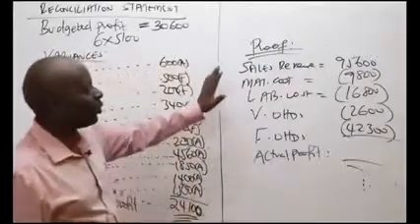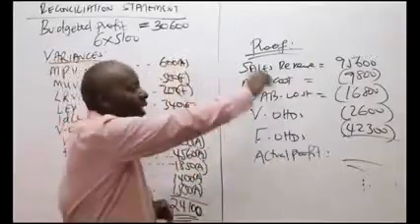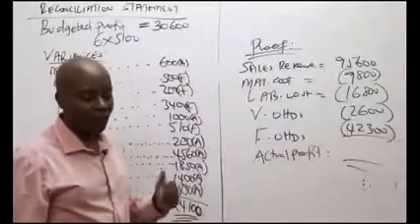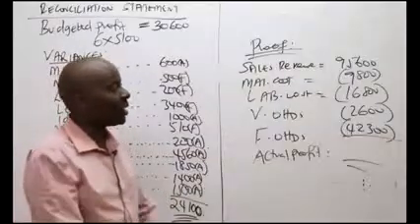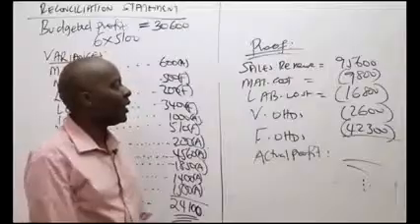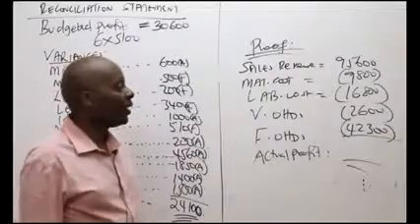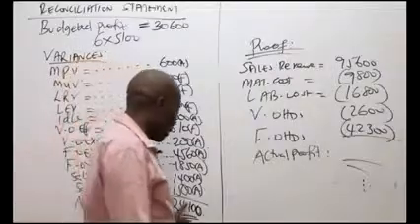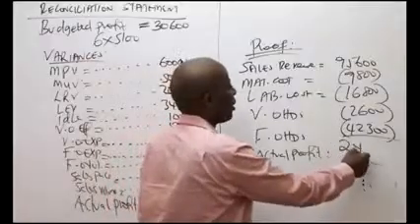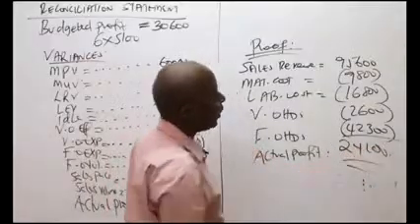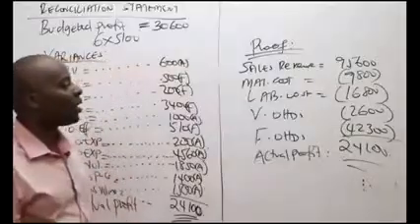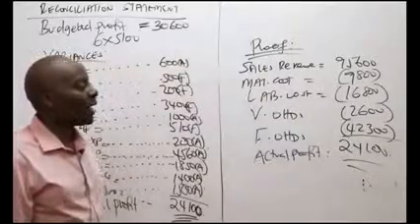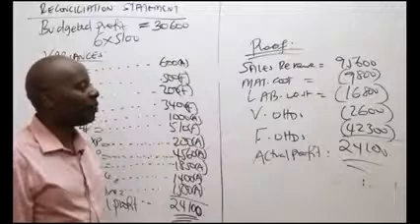You can just prove it, although this is very much unnecessary. We want to see whether you are going to get the same figure of 24,100 at the end of the day.